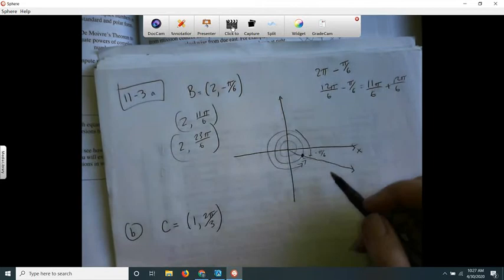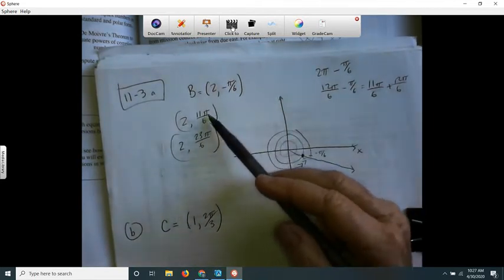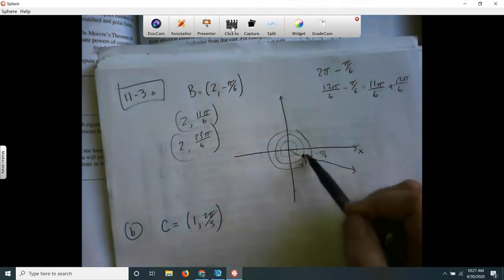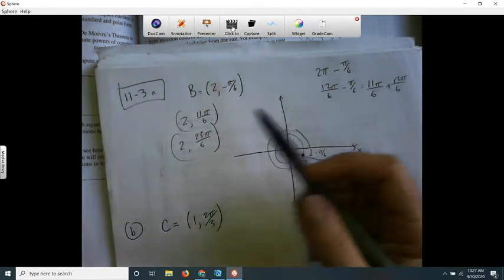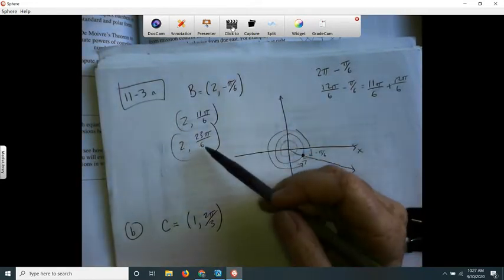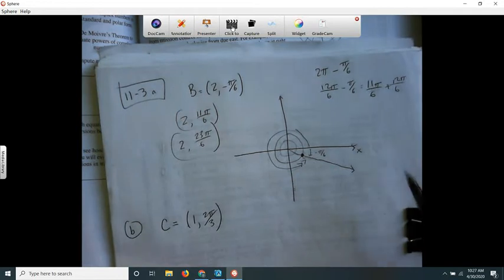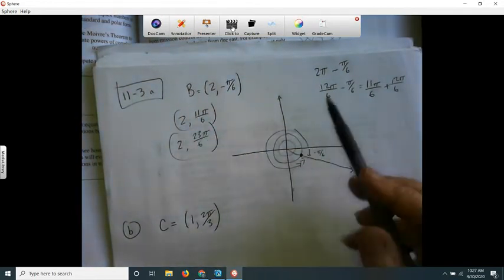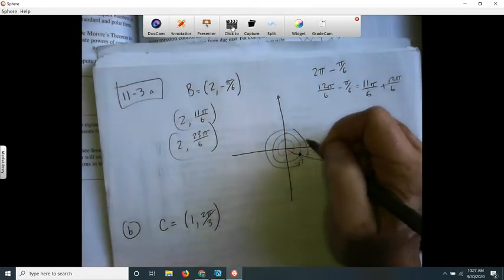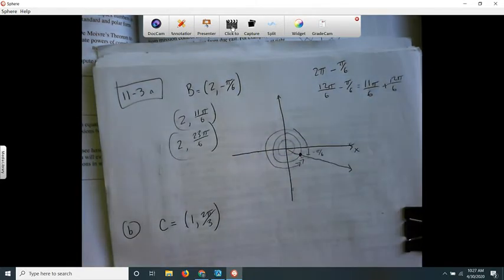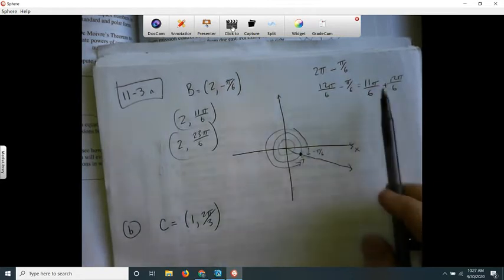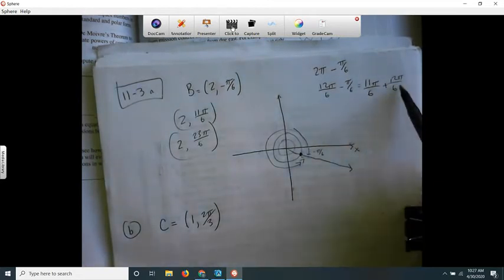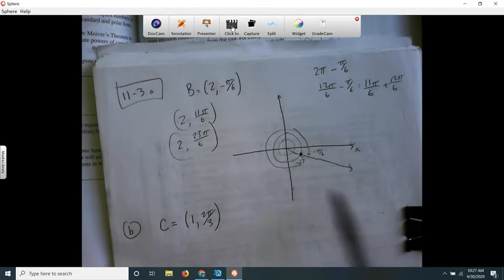So I can open up my angle 11 pi over 6 and give a positive 2. Or I can just keep adding 2 pi to it. That's what I did over here: I could go around once and then another 11 pi over 6. So 2 pi plus 11 pi over 6 is what gave me the 23 pi over 6.